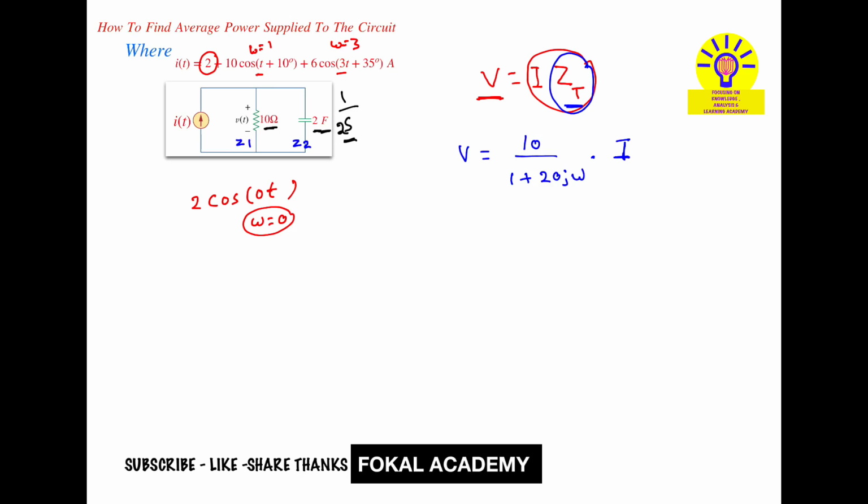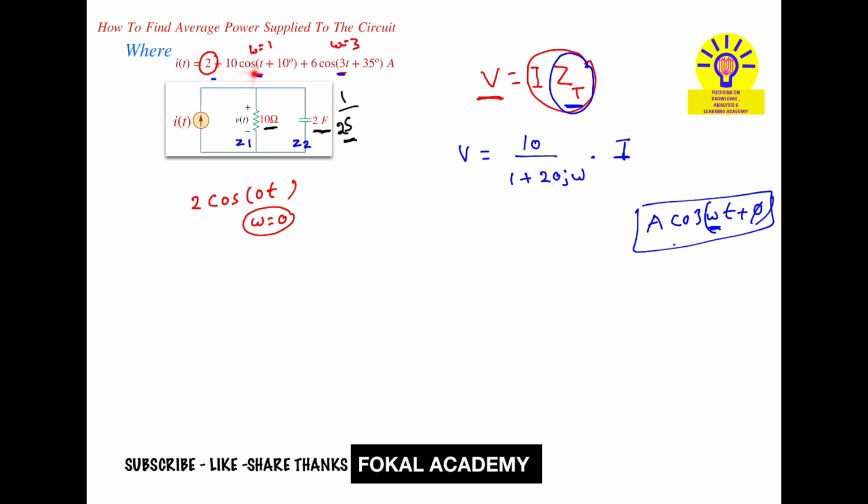That is the standard signal, that is amplitude having cos of omega t plus some phase. By comparing with that, we get omega is here 0, here 1 and here 3. Now at omega equal to 0 we get the corresponding DC voltage, at omega equal to 1 the corresponding voltage signal, and at omega equal to 3 the corresponding voltage signal.